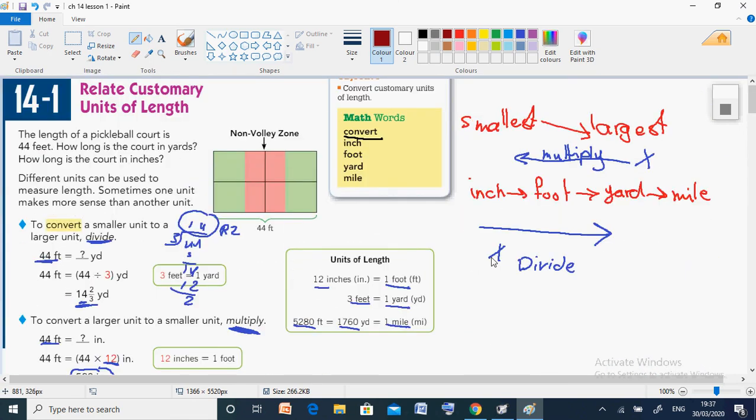If I want to convert again from units of length, I have to check which one is greater, which one is smaller. Okay? So I have to keep in my mind again, inch is the smallest unit. Then I have foot.